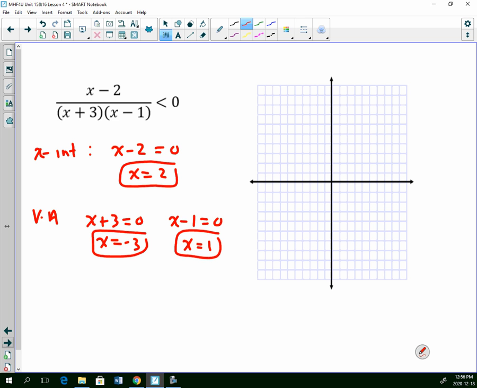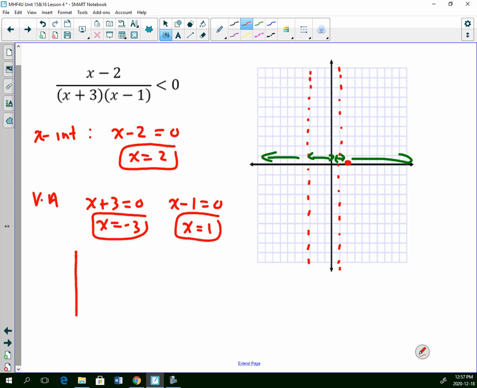The vertical asymptotes here and here, and then the x-intercept here. So I want to know what's happening to the left of this, what's happening in between, and then what's happening to the right. And so those are the values I'm going to include in my interval table.